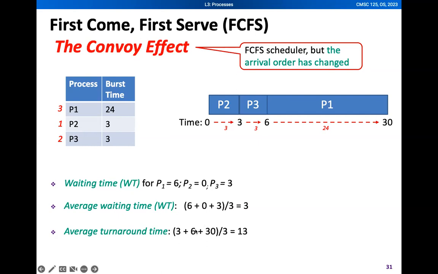Okay, so in order for us to compute the average turnaround time, we simply have to add this all up, divided by, again, the total number of processes, which is equal to 3.